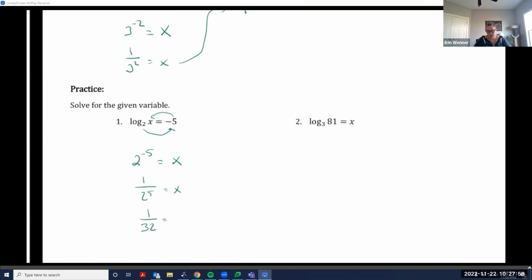Now, number 2, there's 2 ways we can solve this. What is one way that we can solve it using some of the steps that we've already done? Have we done anything with just the left-hand side yet?